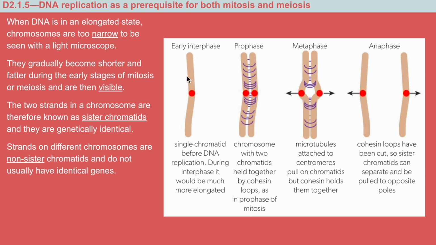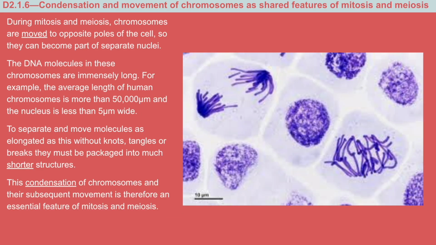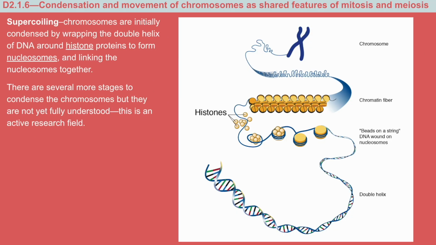Again, we're going to see that shortening and condensing of this DNA so that we can facilitate the division in half. Normally, DNA, if it's just in that tangled state, would be far too complex to try to divide. And so this condensation allows for precise division to occur. So how does that condensation happen?